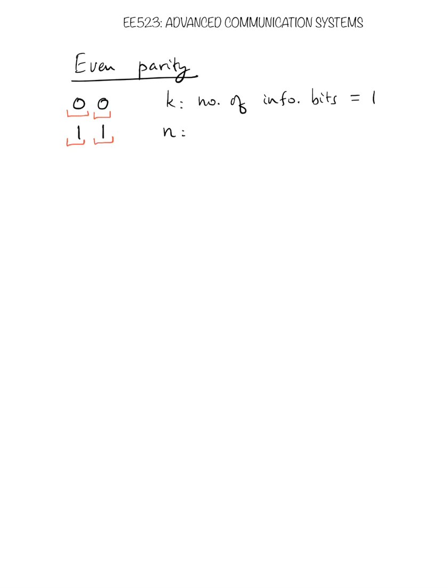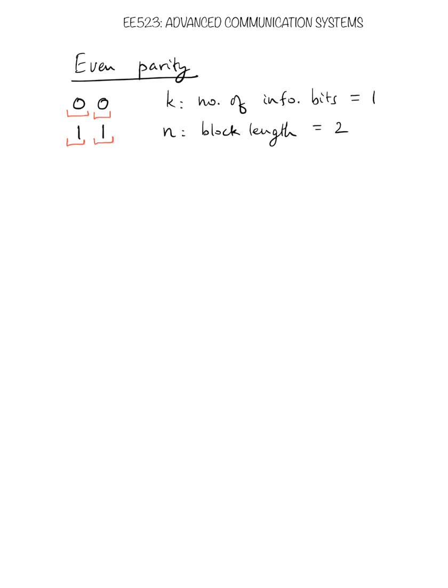N is called the block length, or the length of the code word. The total length of the code word in this case is 2, right? Out of the 2 bits, 1 bit is the information bit and 1 bit is the parity bit.